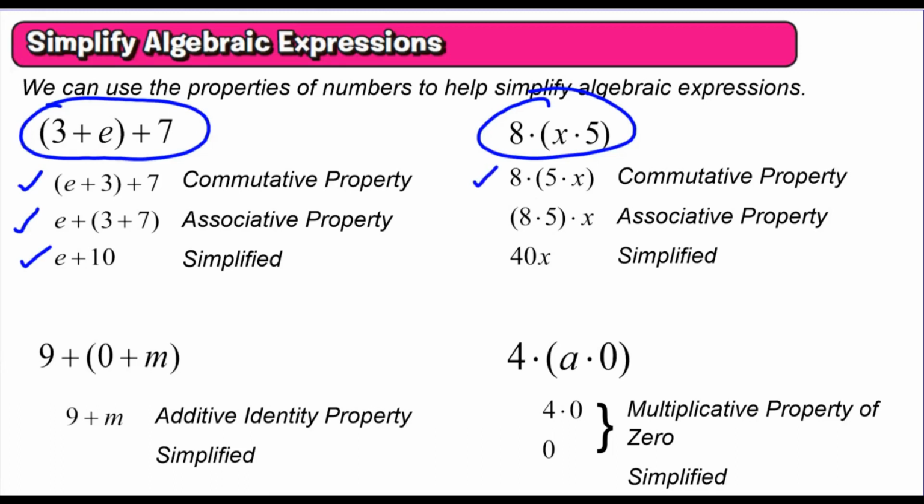And then I use the associative property to move the parentheses to put the 8 and the 5 together. Now I can multiply 8 times 5, which is 40, and so I have 40 times x, or 40x, and that is in simplest form because there are no more operations I can do since I don't know what x is.